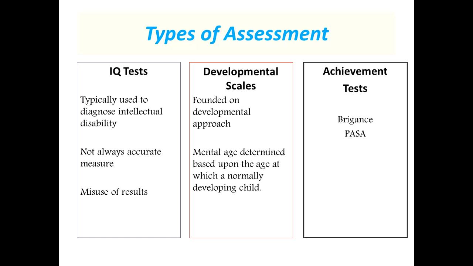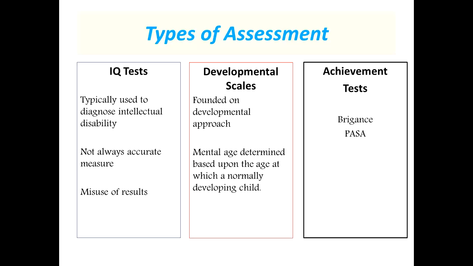The PASA is the Pennsylvania Alternate System of Assessment, and it identifies the critical essence of each of the standards in reading and math, translates them into functional applications of skills relevant to our students with severe disabilities. So you'll learn a little bit more about that. It's a snapshot. It's a once-a-year assessment.